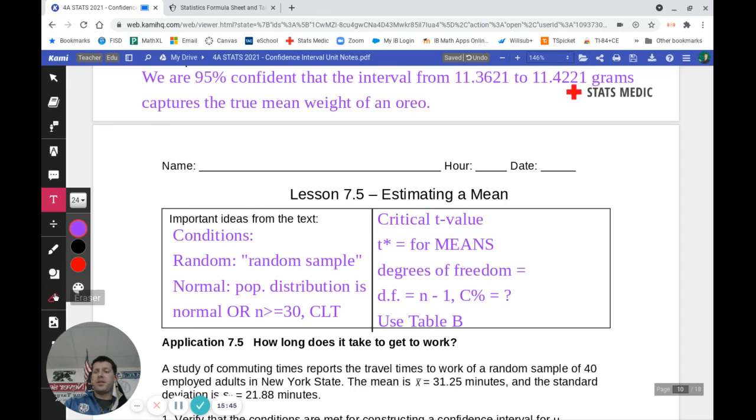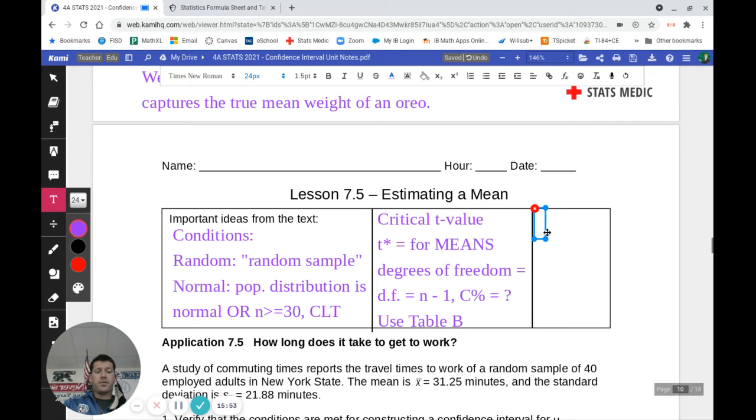And then finally, to calculate our interval, we're going to take the point estimate plus or minus the margin of error.